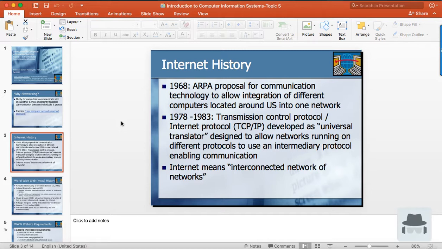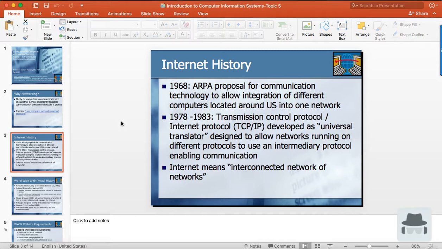And Apple originally had something called AppleTalk, which would let all Apple computers talk to each other. So it was designed to keep communication between specific types of computers.